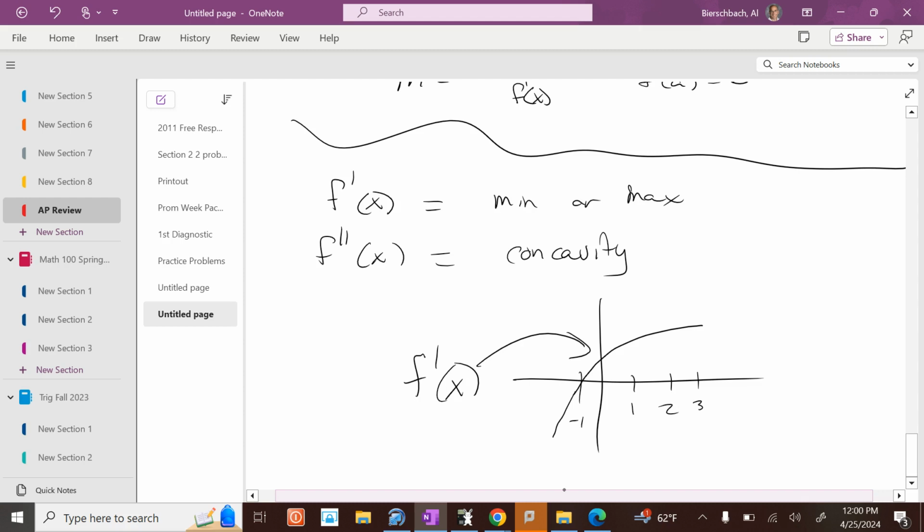Well, if this was the original curve, it would be all concave down, right? But this is the first derivative, so what is happening there? It's concave down from negative infinity to negative 1, because it's where the first derivative is negative.